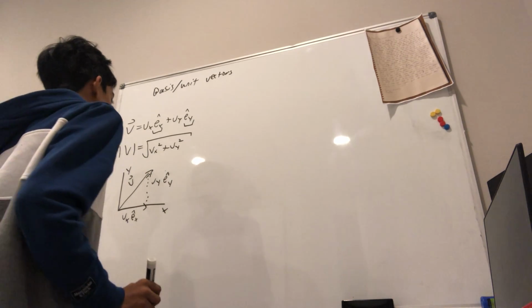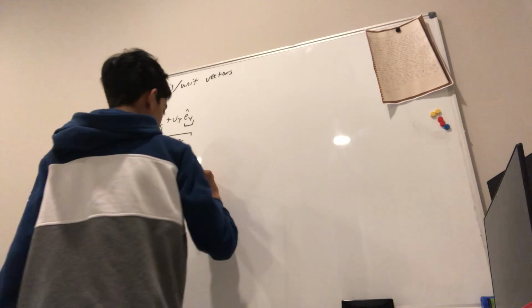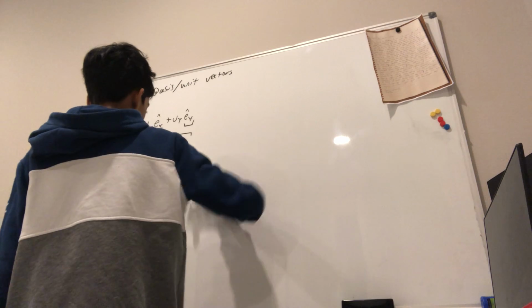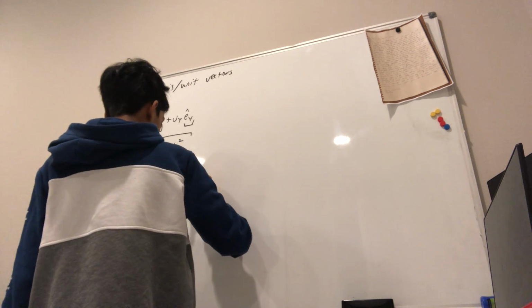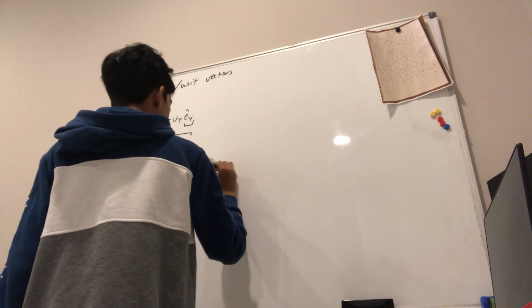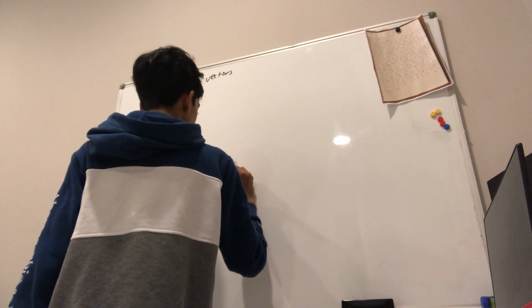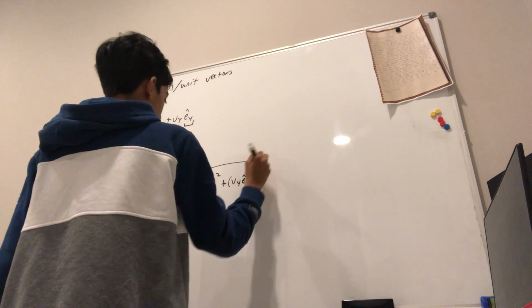And as you can see, if we were to square these components, vx e hat x squared plus vy e hat y squared, all under the square root.